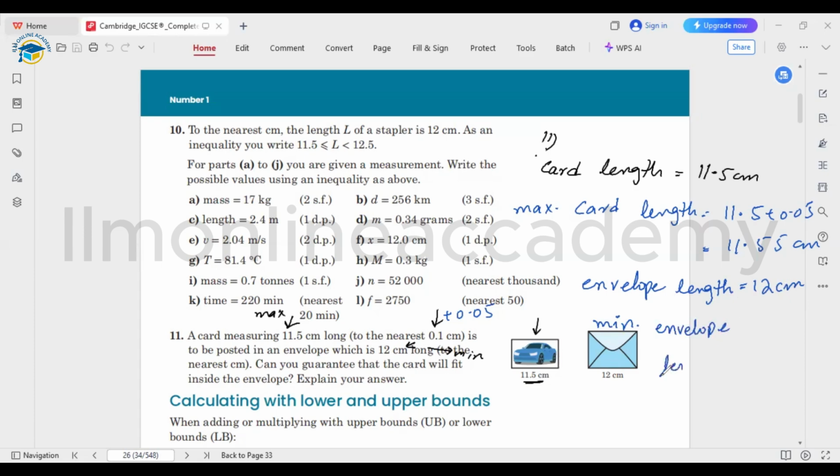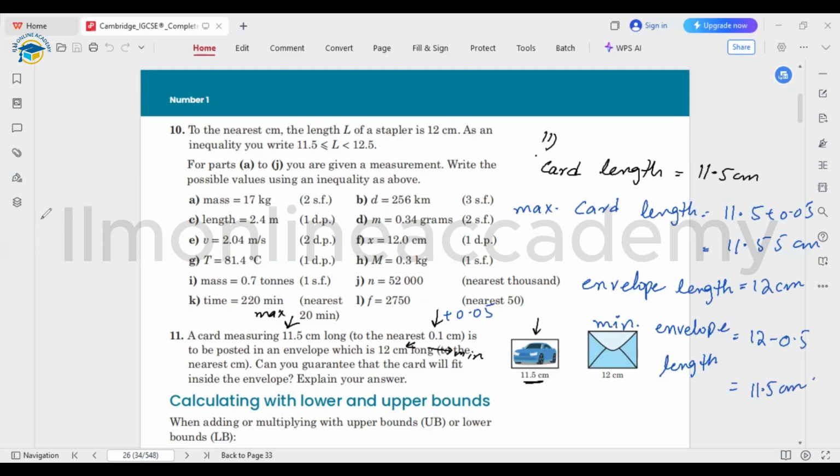For finding the minimum envelope length, they gave us the number as 12 centimeter up to the nearest centimeter. So we only need to subtract 0.5 from this. This will be 11.5 centimeter.